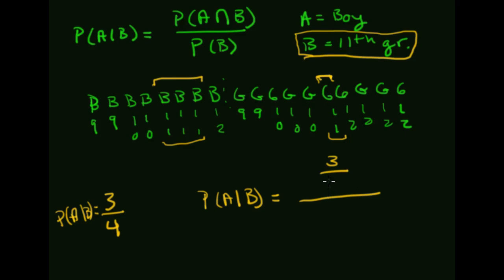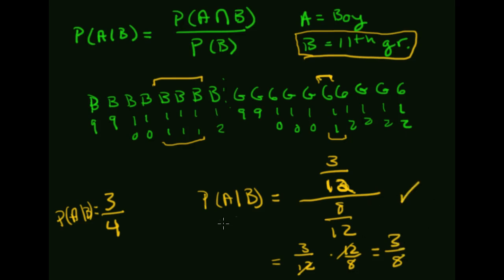So 3 out of 12 were both boys and 11th graders. The denominator here is the probability of getting a boy out of the whole, 8 out of 12. And we know that to divide is to multiply by a reciprocal. So lo and behold, the 12s cancel out and I'm left with 3/8.